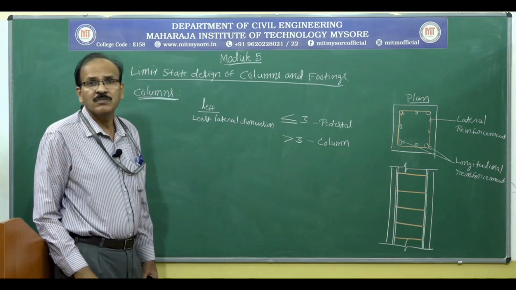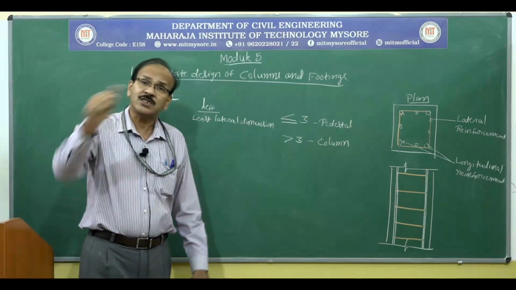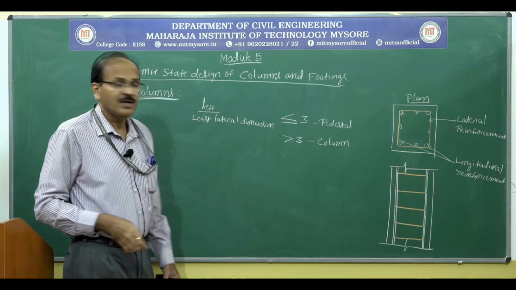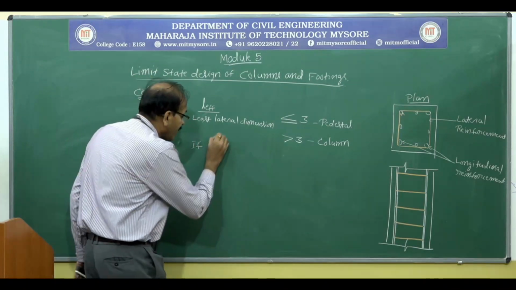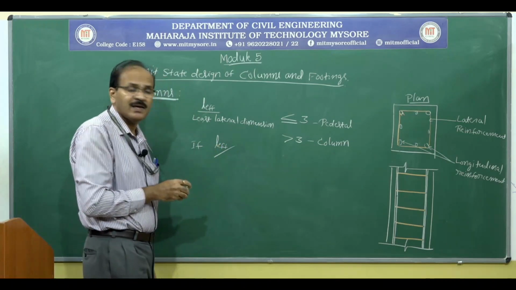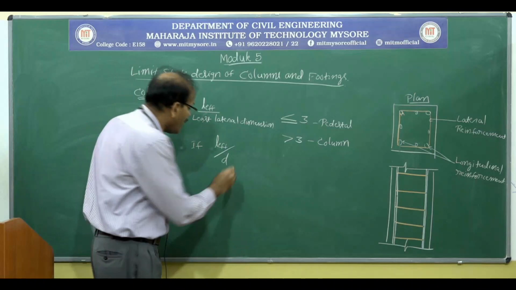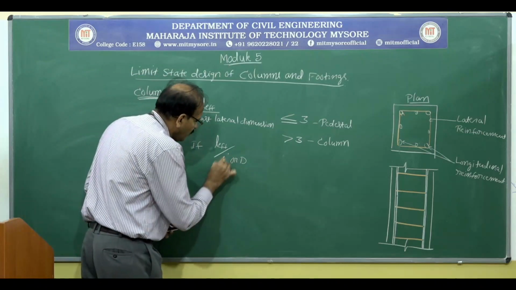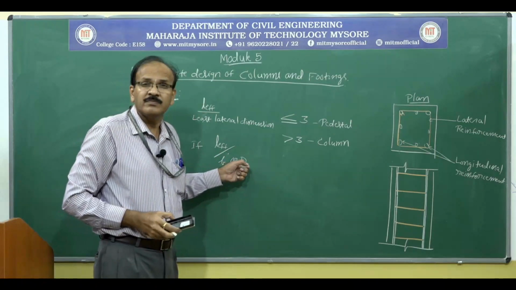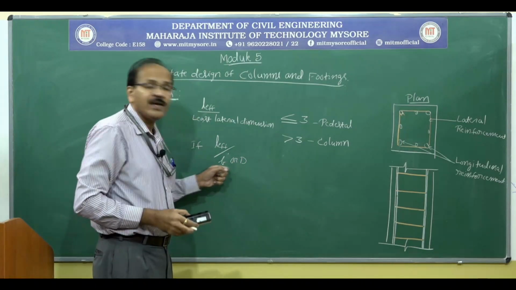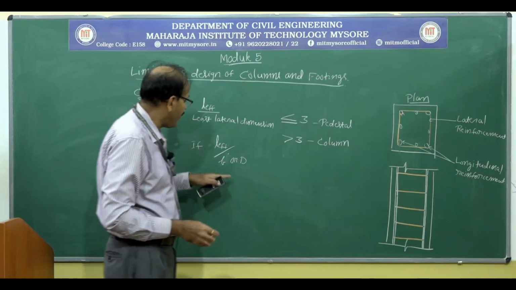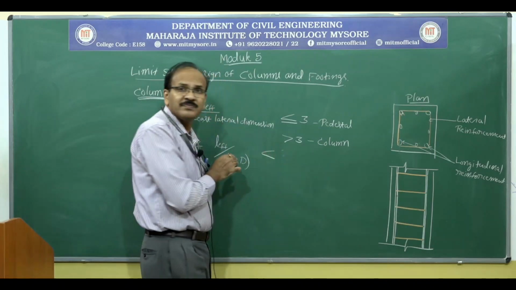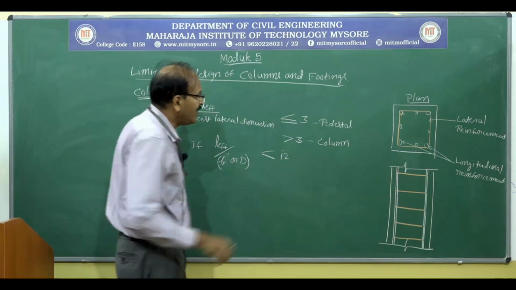When it comes to column, there are 2 types. One is a short column and the other is a long column. So what is a short column and what is a long column? If effective length of the column divided by the dimension D or B, that depends on about which axis we take, then we take accordingly B or D. If Leff divided by B or D is less than 12, then it is a short column.